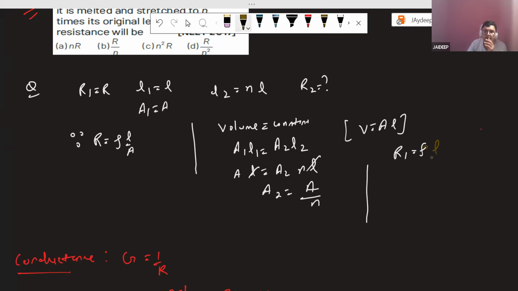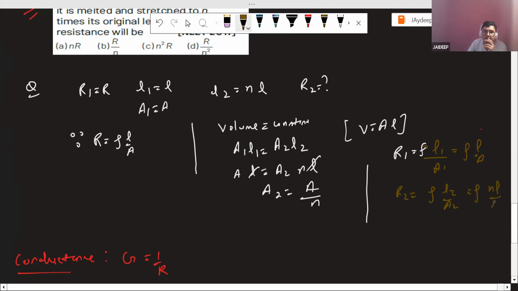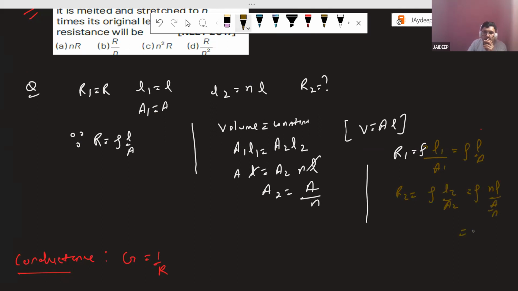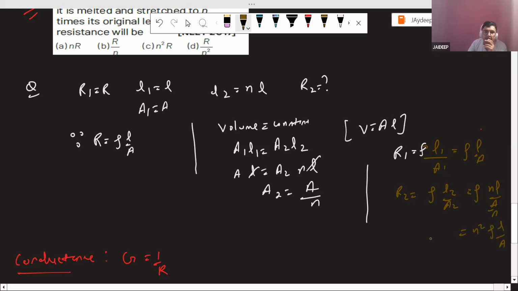And R2 equals rho L2 over A2. What is L2? N times L, and A2 is A over N. So this is N square rho L over A.